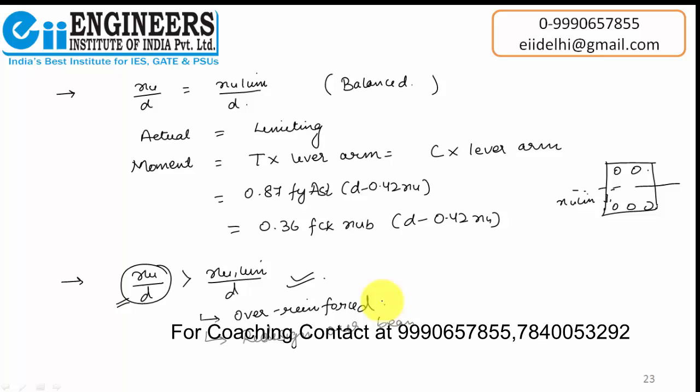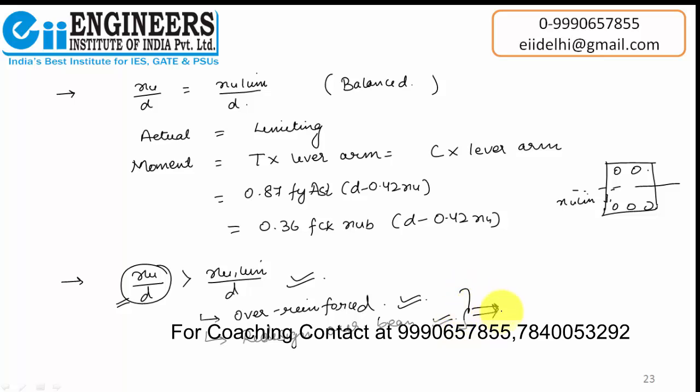In the exam they ask that if XU by d is greater than XU limiting by d, then which of the following is true: over reinforced section, under reinforced section, balanced section, or none of the above. You can say it is an over reinforced section, or if there is an option that you have to redesign a beam, both are correct.